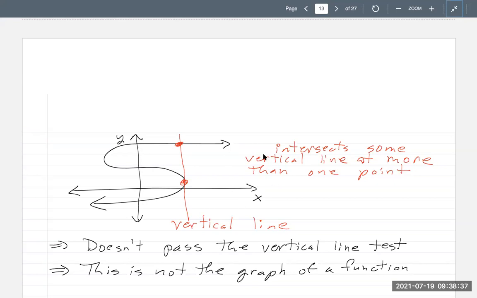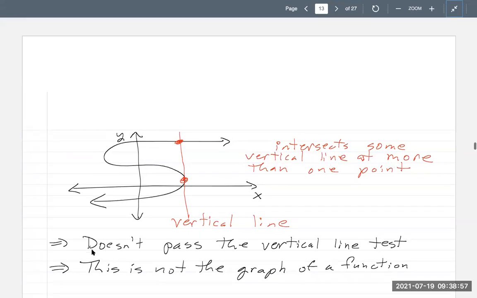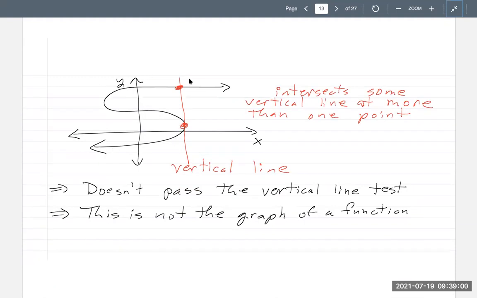If I can find at least one vertical line that intersects the curve at more than one place, so I found a vertical line here that intersects this curve at more than one point, then this curve does not pass the vertical line test. If this curve does not pass the vertical line test, then this is not the graph of a function.